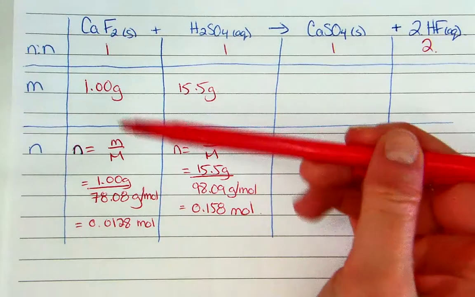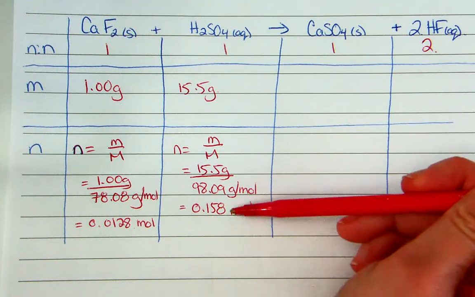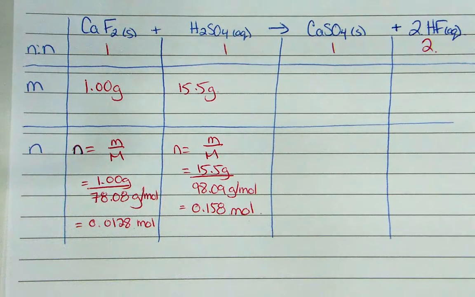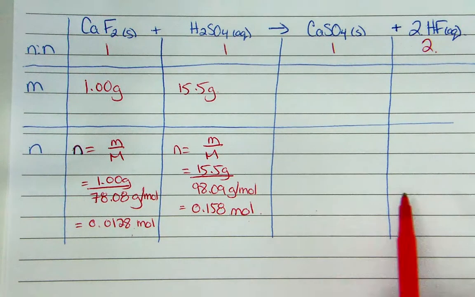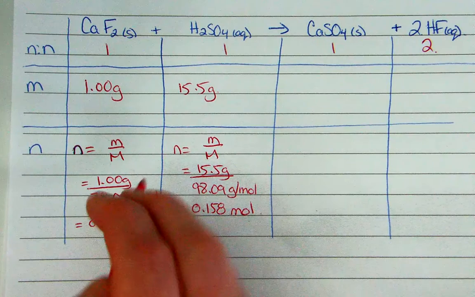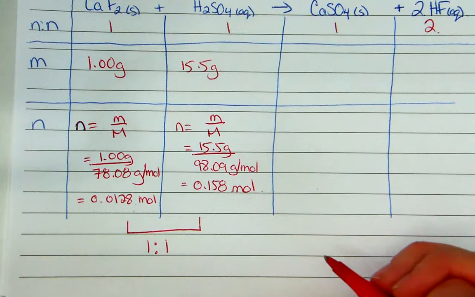Okay, so I find in my calculations that I have 0.0128 moles of calcium fluoride, and I have 0.158 moles of sulfuric acid. Now, all I need to know right now is what the limiting reactant is. So I could use the method on the previous page where I used mole to mole ratios to find out the amount of one of the products. But I'm also going to recognize, hey, these have a 1-to-1 mole to mole ratio.